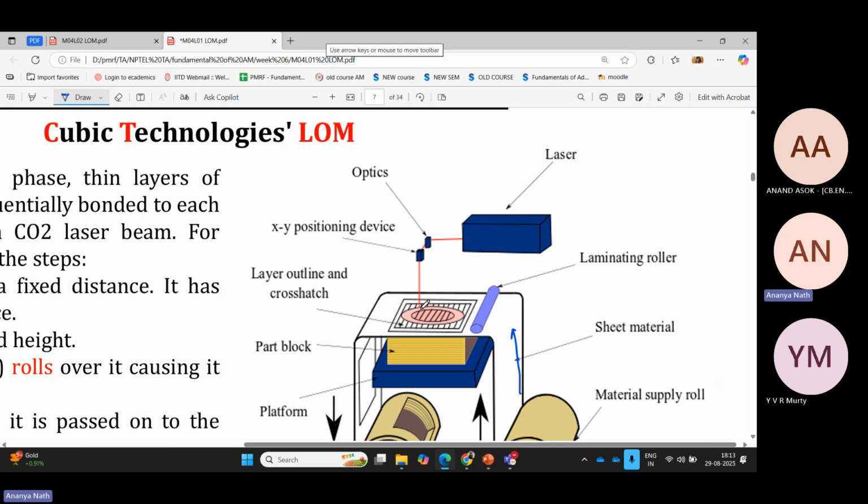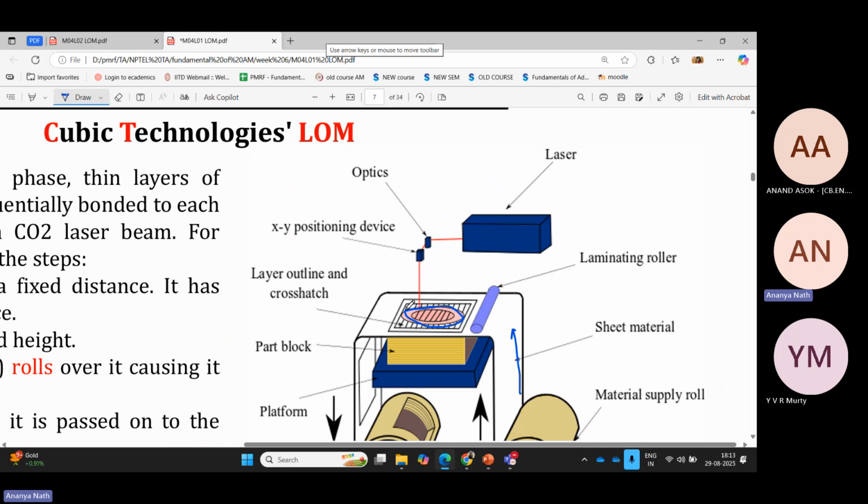This laser does line cutting over the build plate where you do not want to print the part. For example, if this pink circular region is what you want to print, then first I will cut this, that this is my whole region where I want to print. Then this is the outer boundary of my geometry.